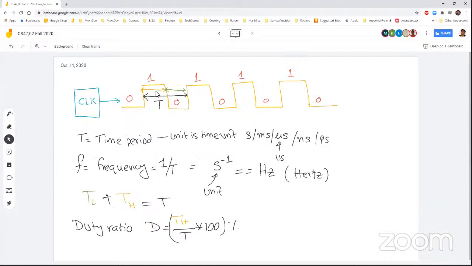Okay, now about the memory sizes and things like that. Professor, I have a question. Why do we care about duty ratio? Is this used somewhere, where it has a specific purpose? We don't use it in this class, but in industry, this is a very important parameter for the clock.